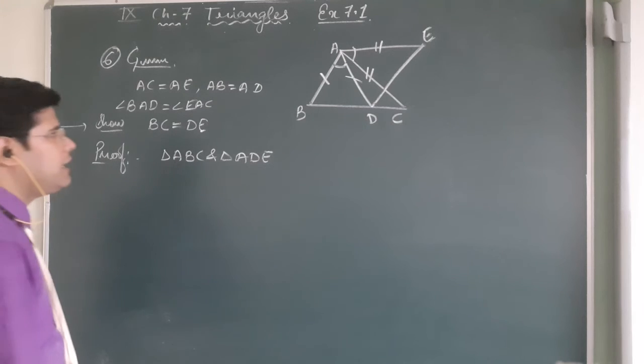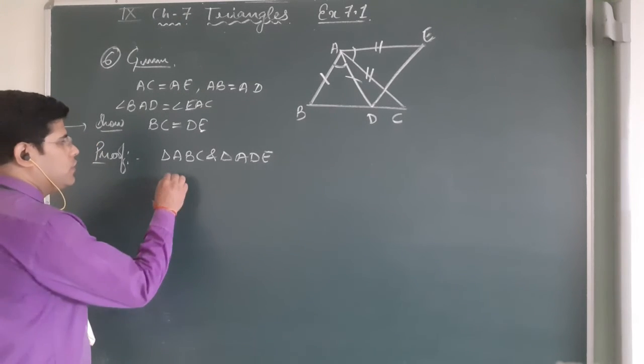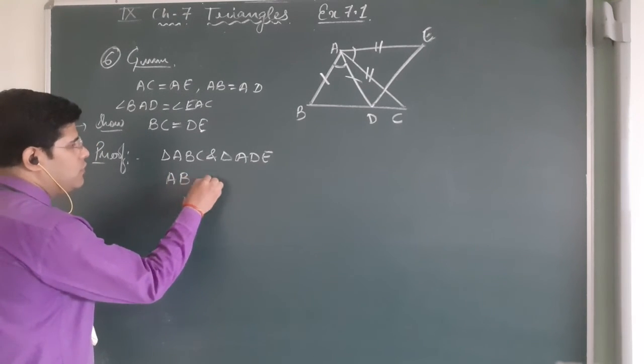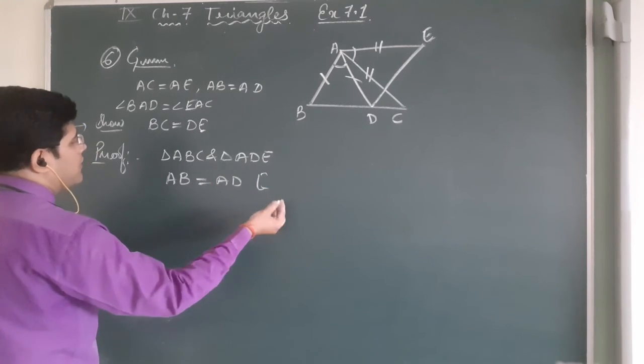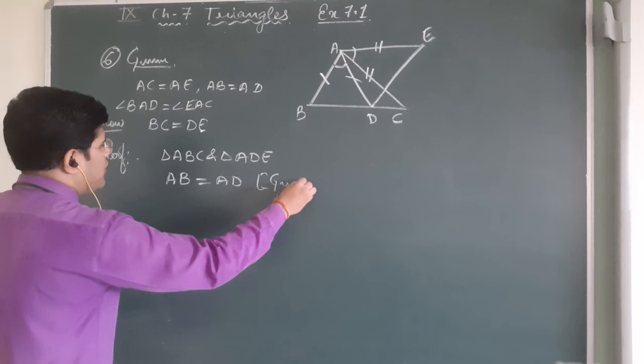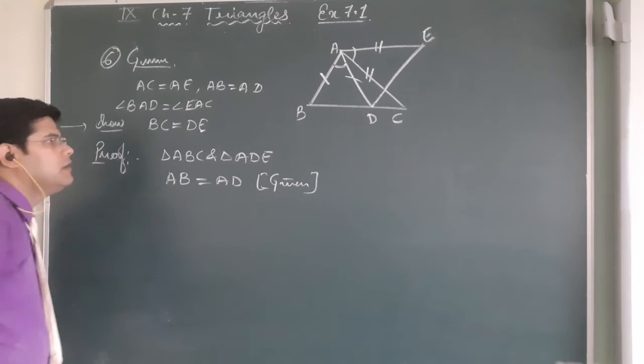When we talk about triangle ABC, AB is equal to AD. Why? It is given. No problem at all, you can write that.